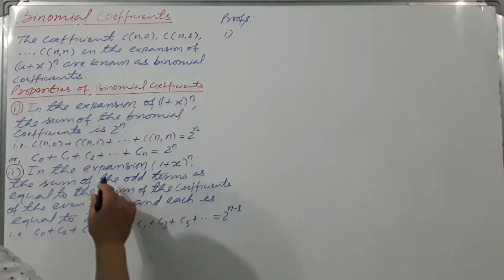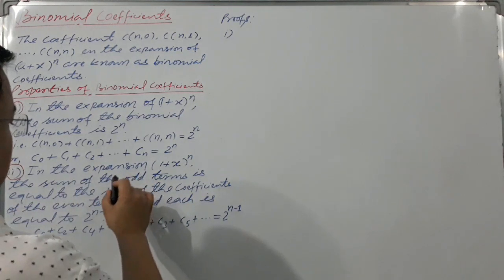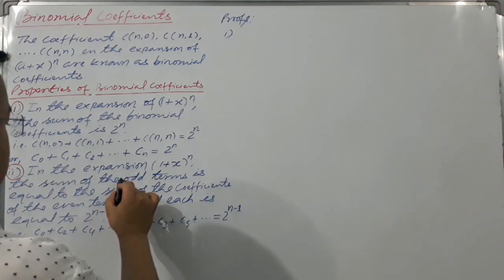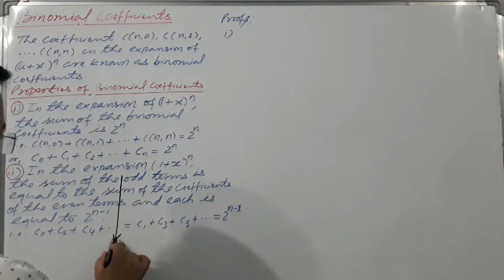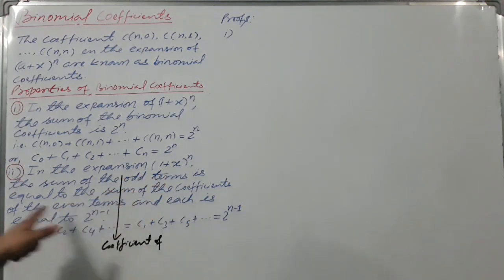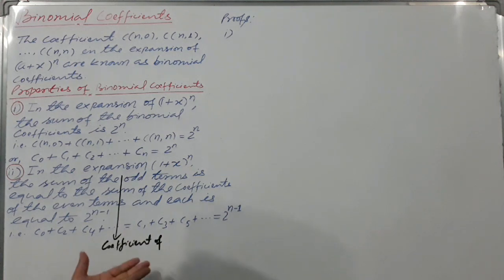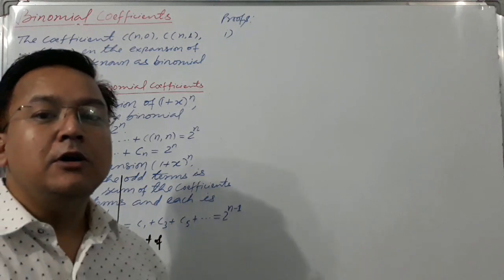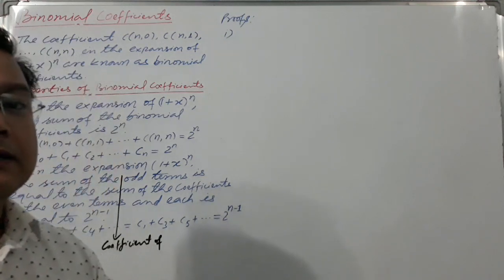Here I forgot to write down, the sum of the coefficients of odd terms is equal to the sum of the coefficients of even terms, and each is equal to 2 raised to power n minus 1. That is, C0 + C2 + C4 + ... = C1 + C3 + C5 + ... = 2 raised to power n minus 1.